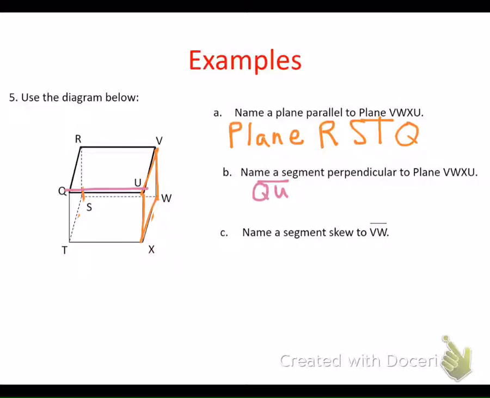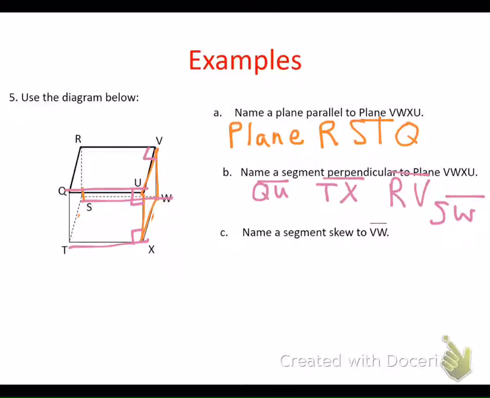TX. See how these form a right angle? Okay. What else? RV. And there's one more. RQ.